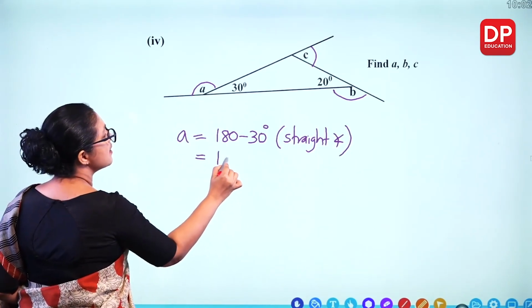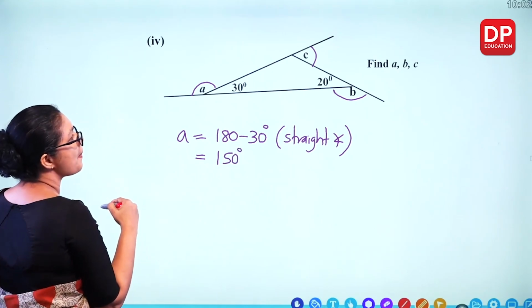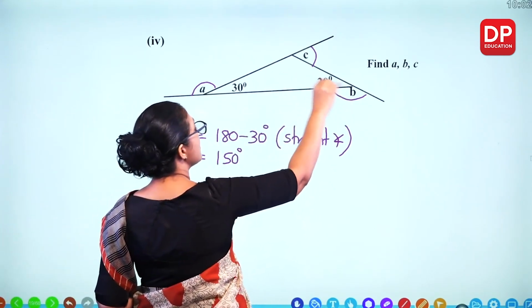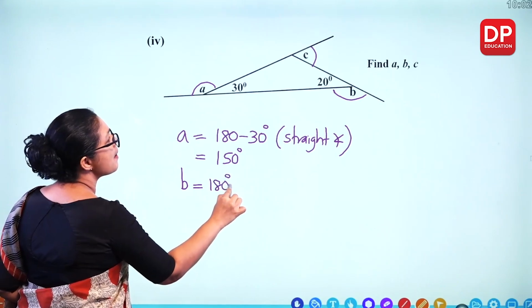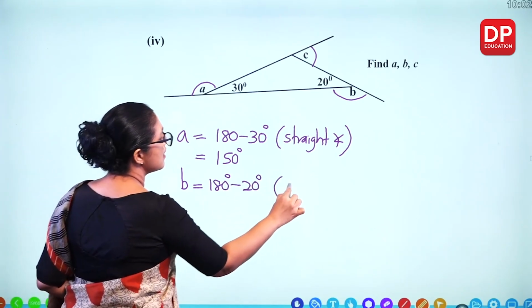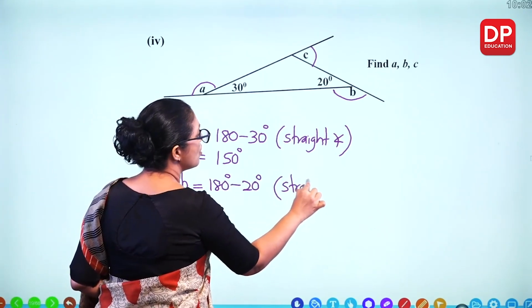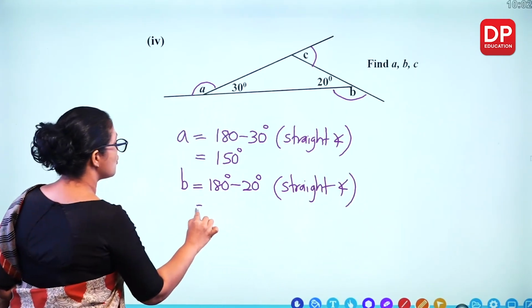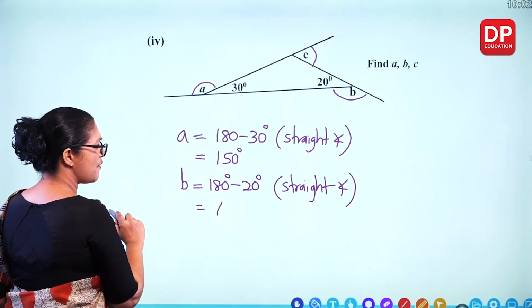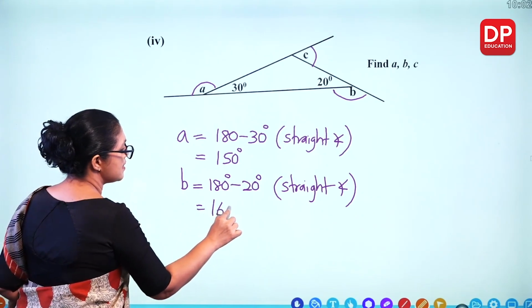So you get 150 degrees. This is also a straight line. So what's B? B is 180 minus 20. That's also a straight angle. So you get 160 degrees.